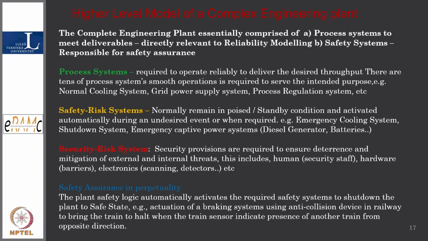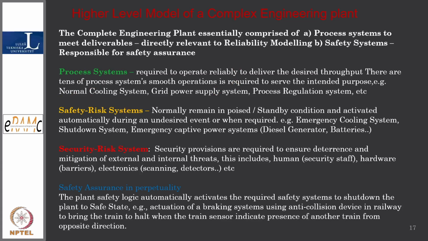So what are process systems? Process systems are the ones required in a plant to generate the throughput, or to provide the output, or to meet the demand. They have to continuously operate and deliver the product. If it is a nuclear plant, it is to generate electricity. So the systems like the normal cooling pumps, generator, turbine are called process systems.